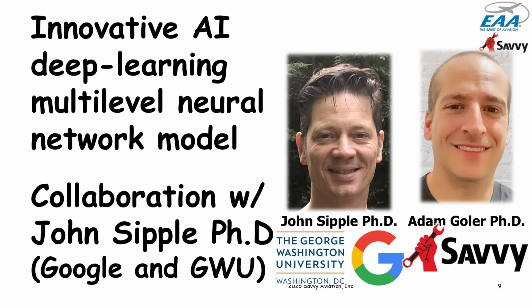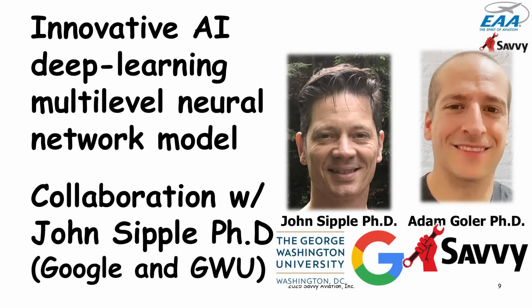And he's been working very closely with Adam Goler, who is our resident AI expert. And between the two of them, he does the theory and Adam does the practice. And between the two of them, they've been working and getting this model to where it looks like it could be quite useful.